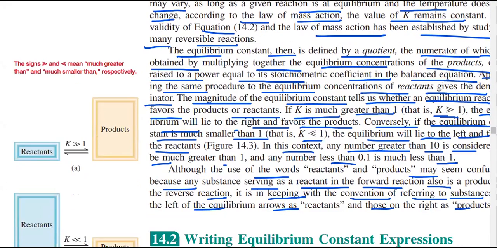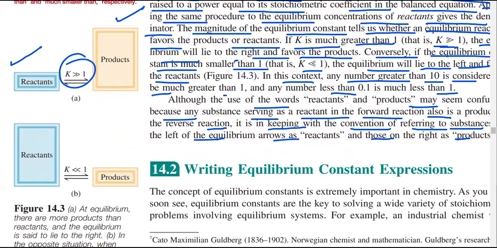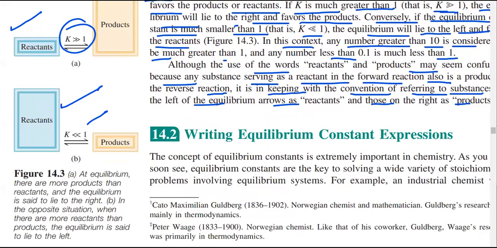So I can see here the reactants and products, where the equilibrium constant is extremely greater than 1. Reactant concentration is more here. K is extremely less than 1. It favors the reverse reaction.